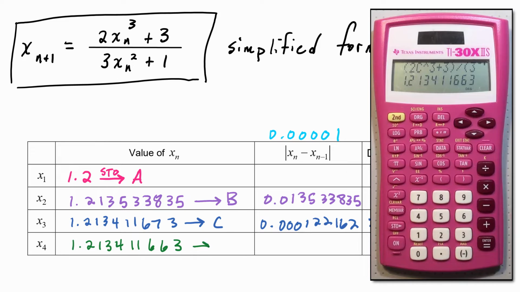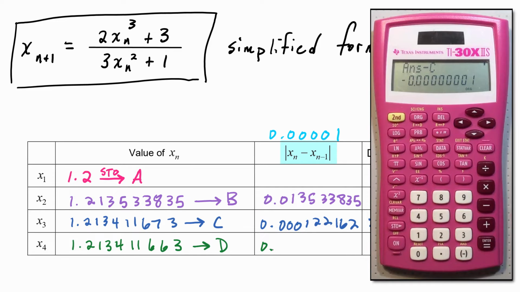And let's store that in memory variable D. Now it's time to double check our accuracy between x3 and x4. So we can simply subtract the x4 that is on the screen right now, subtract away x3, which was in letter C. Don't forget that you're taking the absolute value of that difference, so it will be positive 0.